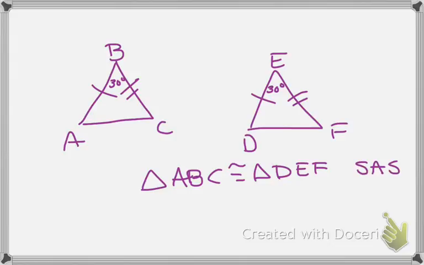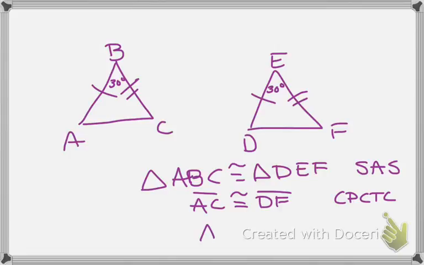Good. Side angle side, right? Okay. So then, why then would it be true that AC would be congruent to DF? Andrew's got it. Congruent parts of congruent triangles are congruent, right? Remember doing that? So if AC is congruent to DF, then what's true about the lengths?